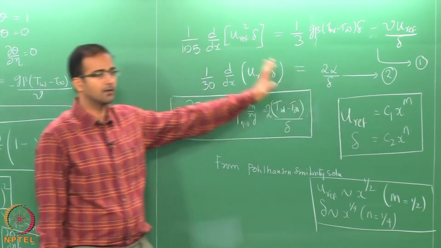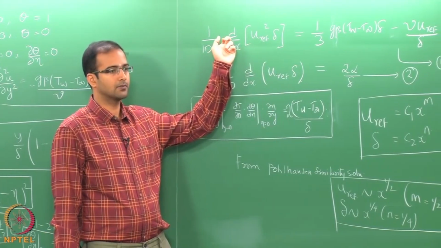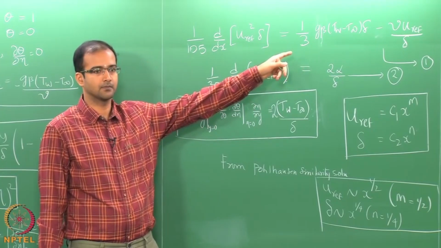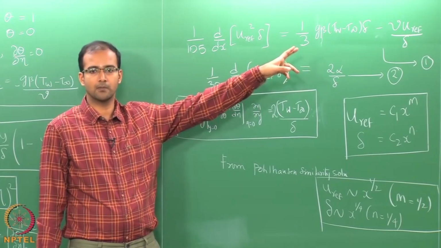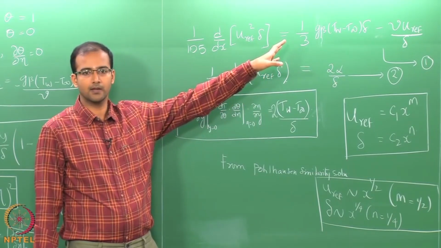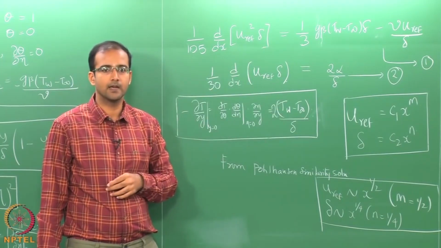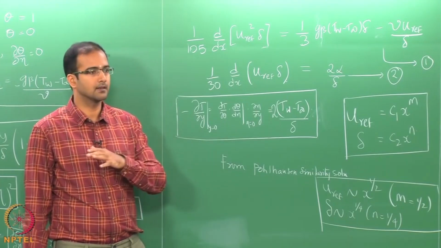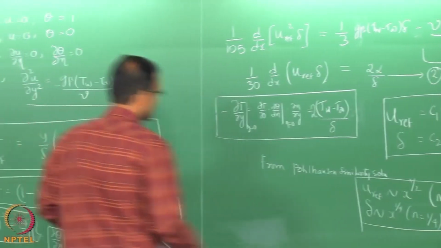You cannot have x cube on the left hand side and x power 1 by 4 on the right hand side, then dimensionally it will not be consistent. Okay. So, we will substitute this into this equation and then equate the exponents on both sides, and from there we will deduce the value of m and n. Okay.